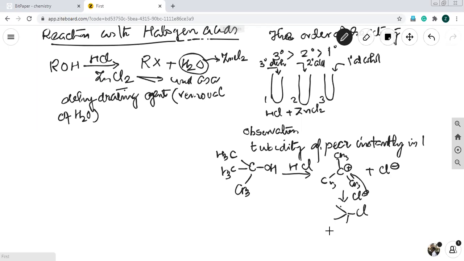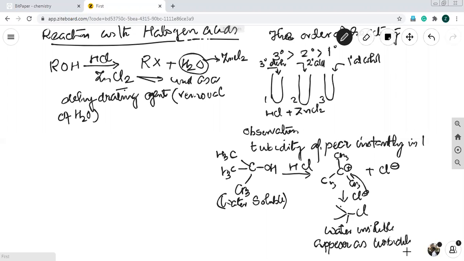And this is water insoluble, while the alcohol is at least partially water soluble. So since it is water insoluble, it appears as turbidity. So this is the reaction with tertiary alcohol.